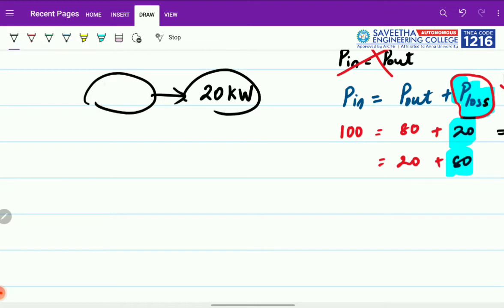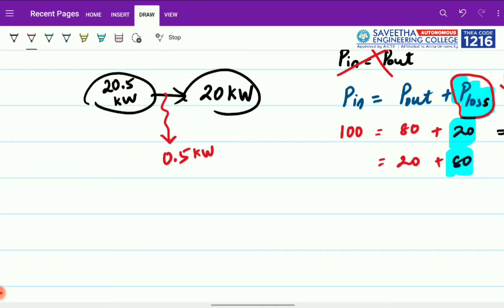If I provide 20.5 kilowatts in order to feed my 20 kilowatts, my loss is just 0.5 kilowatts, that is, 500 watts of power is wasted in transferring 20 kilowatts of power to the load.